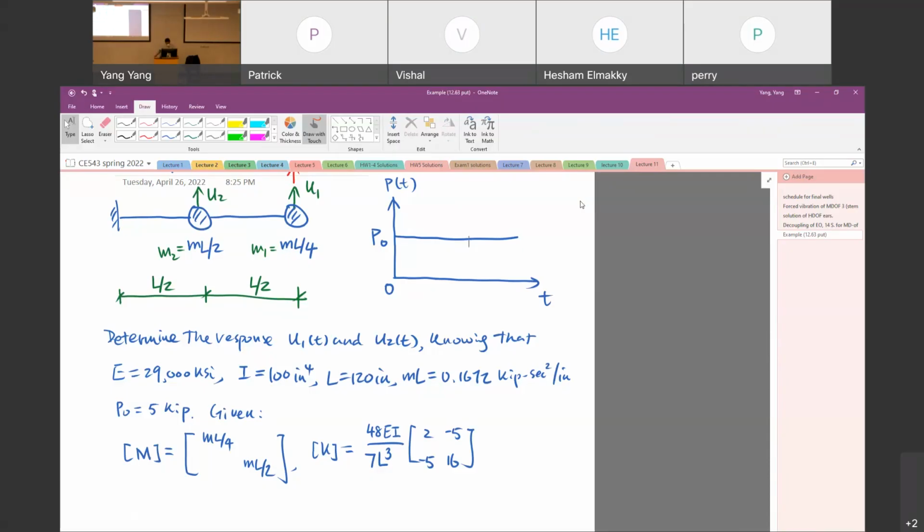So that's why we need to do the eigenvalue analysis first. Eigenvalue analysis. So there are two options. Option one, you may do hand calculations because you have only 2 degrees of freedom. Hand calculation will be doable, feasible in this case.